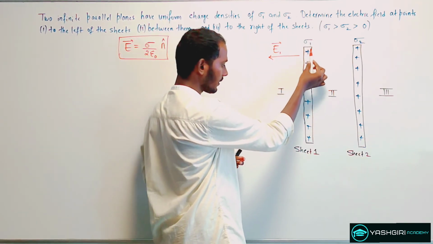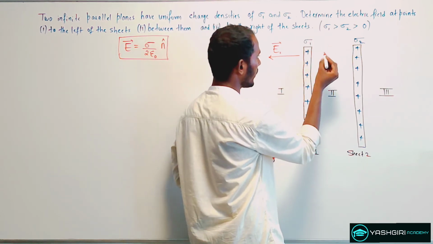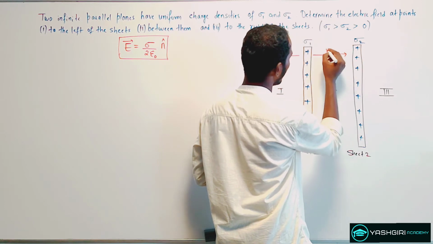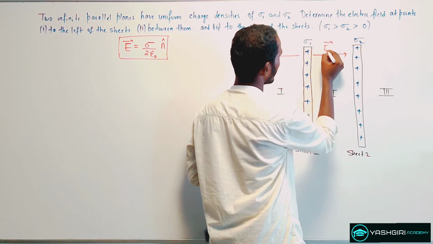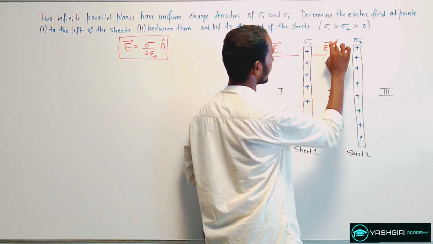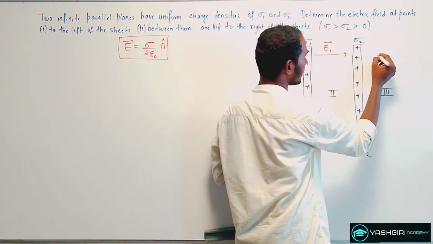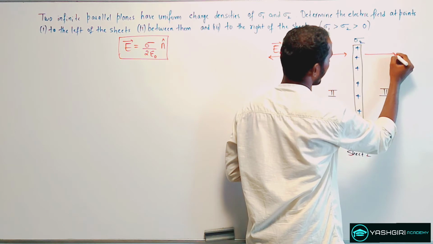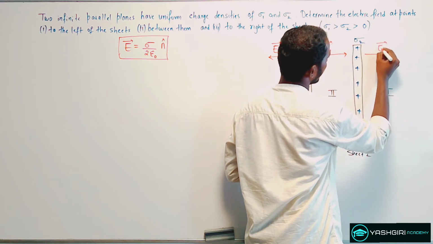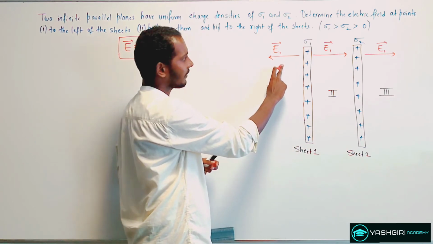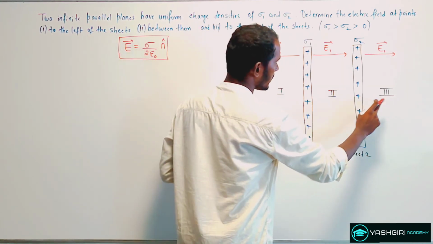The same thin plane sheet is also going to have an electric field towards the right, and this is my vector E1. The same field lines will also be available in region 3. So that's the direction of the electric field due to sheet 1 in region 1, region 2, and region 3.